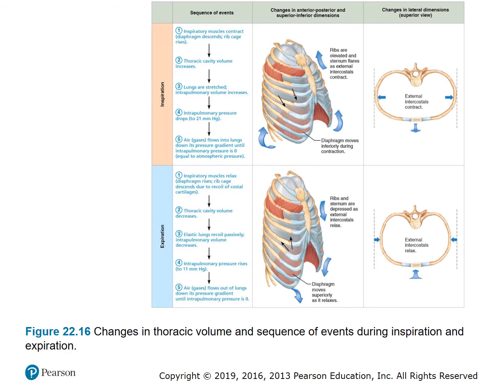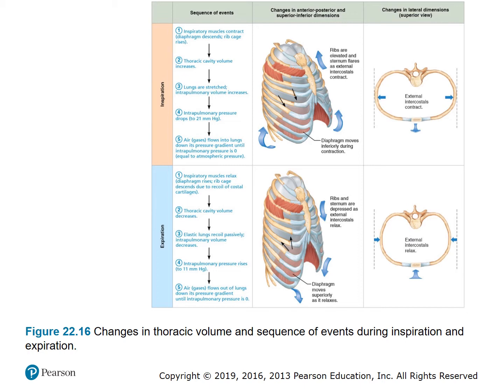Figure 22.16, we're looking at expiration. So the inspiratory muscles now relax. The diaphragm rises, the rib cage descends due to recoil of costal cartilages, the thoracic cavity volume decreases, and the elastic lungs recoil passively, and the intrapulmonary volume decreases. Intrapulmonary pressure rises, and the air will flow out of the lungs down its pressure gradient until the intrapulmonary pressure is 0.